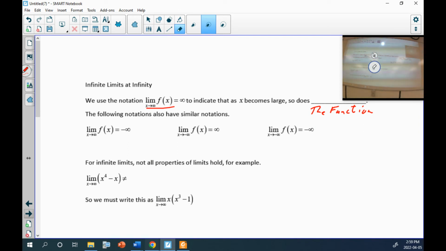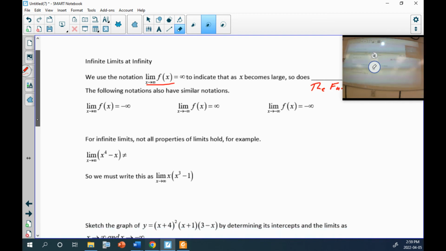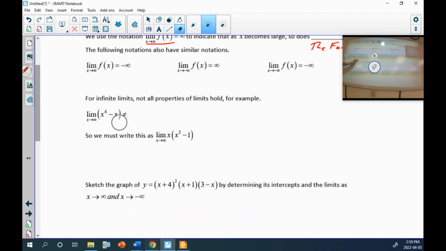Now, there are some limitations to this. I cannot treat this like, as I said, there are properties of limits. When we're approaching a certain number, like if this was approaching 4, I could just say the limit as x approaches 4 of x to the 4th minus the limit as x approaches 4 of x.